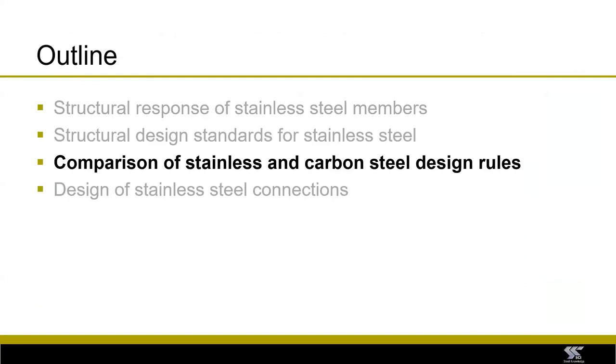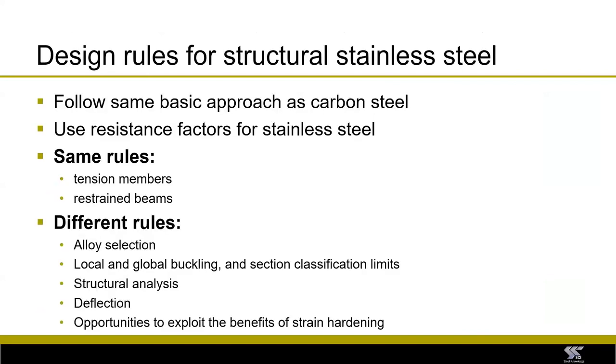Now, I'm going to apply what Francisco was saying and give you a few examples of how the differences in stainless steel behavior are actually put into design rules. So the first thing to say is don't panic. Same approach as carbon steel, of course. Be careful you use the right resistance factors for stainless steel.